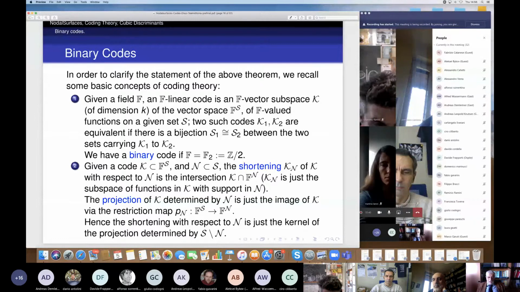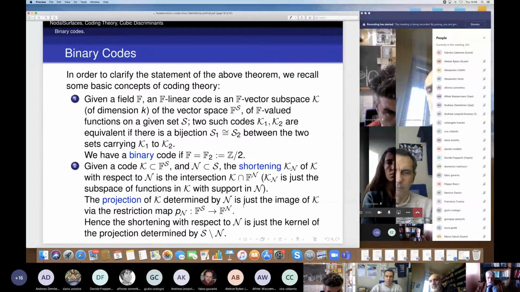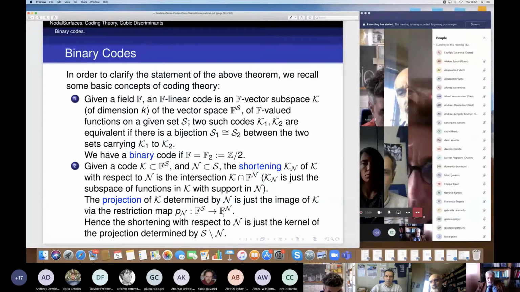Whereas given functions on S, I can restrict them to n. So the projection of K determined by n is just the image of K via the restriction map. I take functions on S and I take the induced function on n. So the shortening with respect to n is just the kernel of this projection.